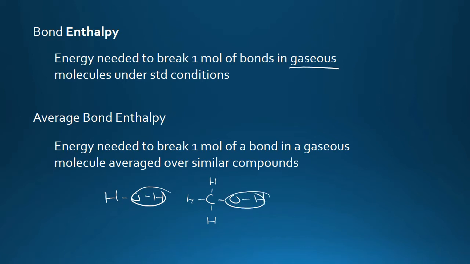Due to this interaction of the oxygen and the carbon versus an oxygen and a hydrogen, that carbon's going to create a little bit more interaction between the oxygen and the hydrogen due to the pulling of the electrons and electronegativity. So we need to run an average of all different types of compounds that a bond could be in, in order to average how much energy it takes to break it.